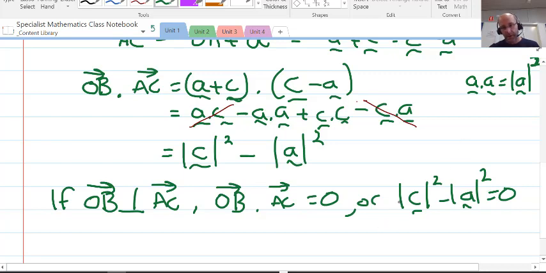And if that equals 0, which means that they're at right angles, that must mean those two things are equal to each other, the magnitude of c and the magnitude of a.